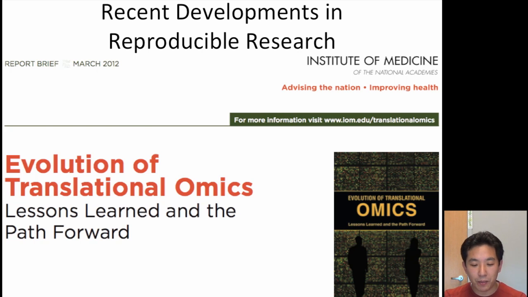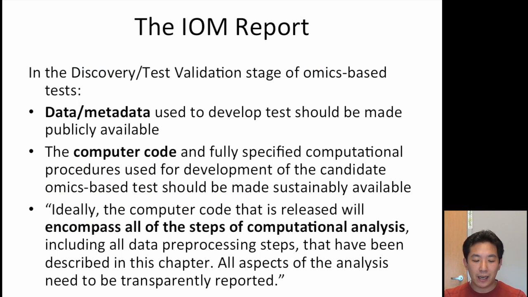This was a very important report, and one of the many recommendations they had was that data and metadata be made available, that computer code be fully specified so that people can examine it to see what happened, and that all the steps of the computational analysis be described so that people can study it and reproduce it.